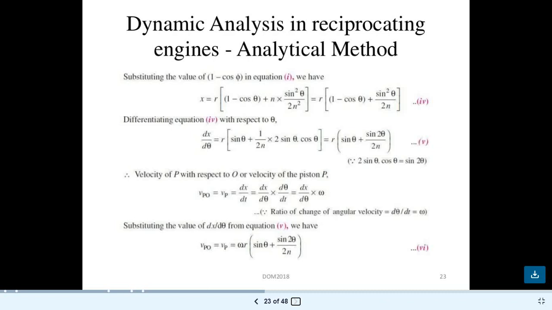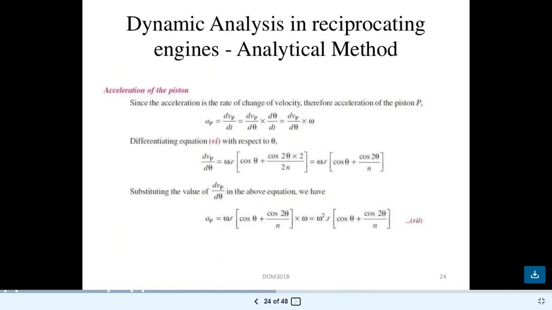D theta by dt is omega, so that becomes dx by d theta into omega. Differentiating X with respect to theta gives R into (sin theta plus sin 2 theta divided by 2N). Substituting, we get the velocity of the piston Vp equal to omega R into (sin theta plus sin 2 theta divided by 2N).